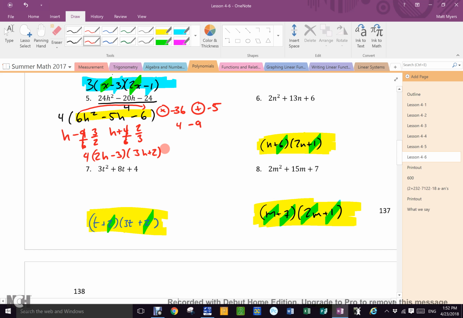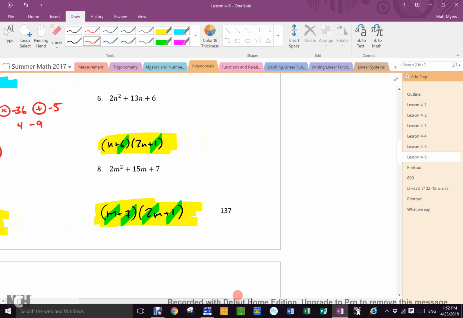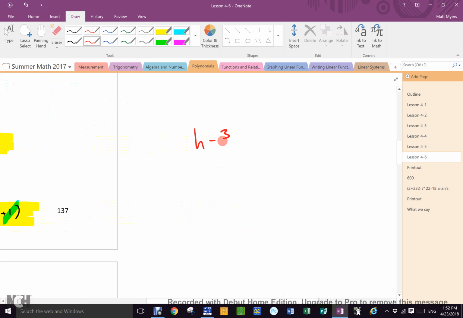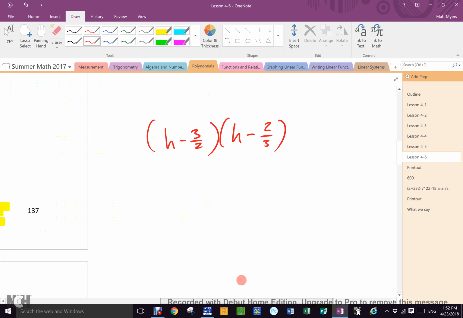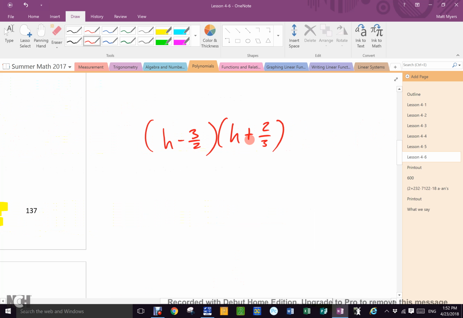Is everybody cool? Now, I want you to see something. You do not have to do this. I'm just going to show you something. H minus 3 halves, h plus 2 thirds. That was where we were before we moved the denominators, yes? Everyone agrees? Okay. Watch. What's h times h?